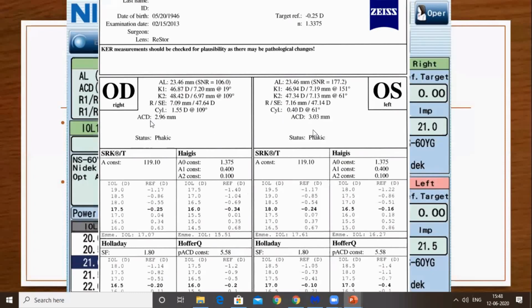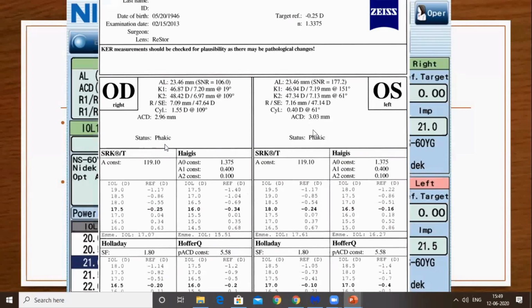It also gives the anterior chamber depth value, and here you can see the status, which is phakic. In cases where the patient has already undergone cataract surgery, there is an option called pseudophakic status. So before doing the examination, you need to change the status of the eye, whether it is a phakic eye or a pseudophakic eye.